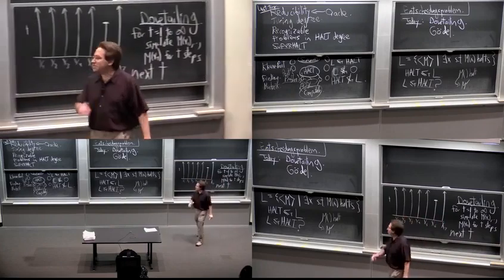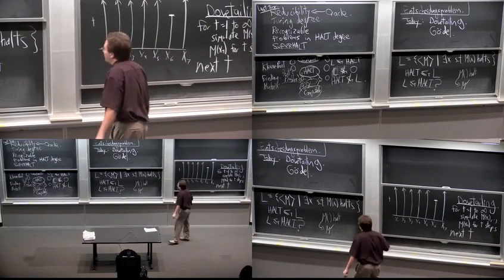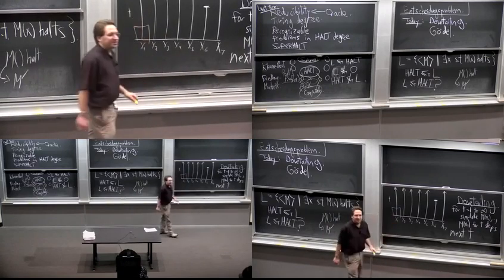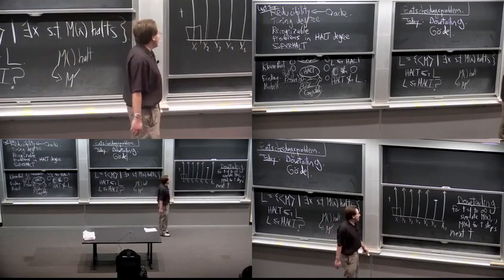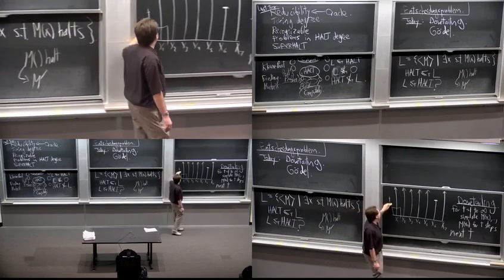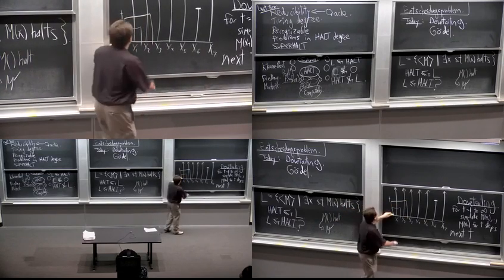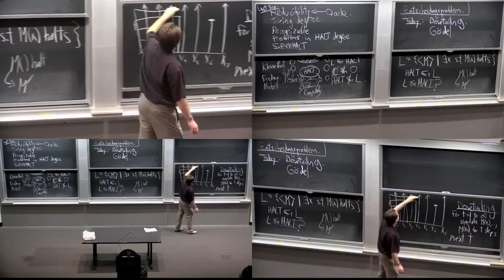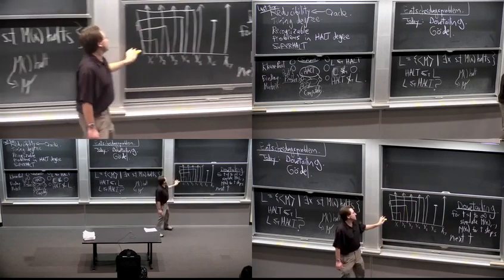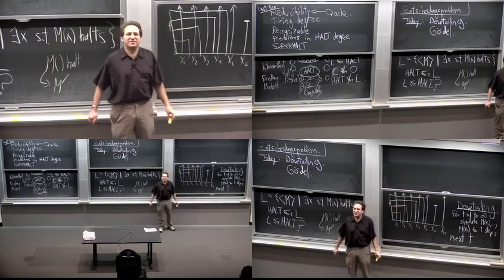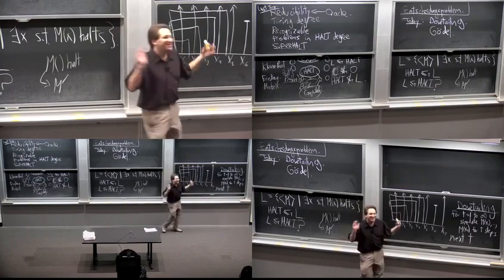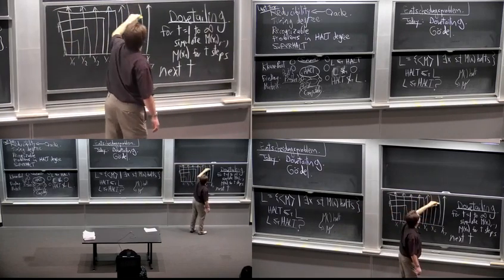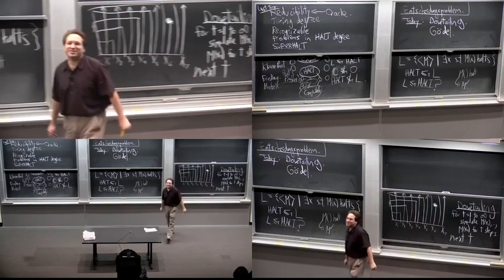You first simulate running M on the first input for one step. Well, it hasn't halted. Then you run M on the first 2 inputs for 2 steps each. Then you run it on the first 3 inputs for 3 steps each, and so on. Some people apparently thought that this looks like a dovetail. So you keep going like this until, lo and behold, after a finite amount of time, you find this thing.